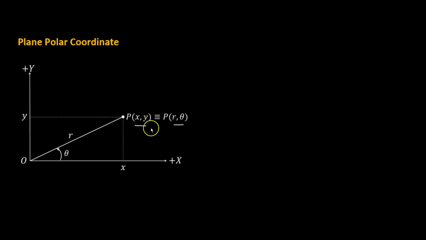Now we want to find out the relationship between the coordinates x and y and r and theta. So let's do that. Let's say this is P, where PB is perpendicular to the x-axis. In right triangle OBP, this is right angle at B. Write it down: angle B equals 90 degrees.